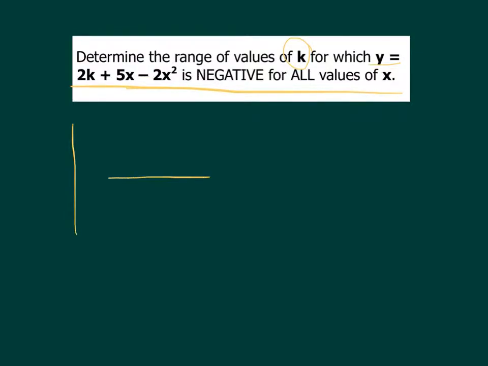that means if we graph y, the equation y equals 2k plus 5x minus 2x squared, and we want it to be negative, then you have to place the graph where y is negative.